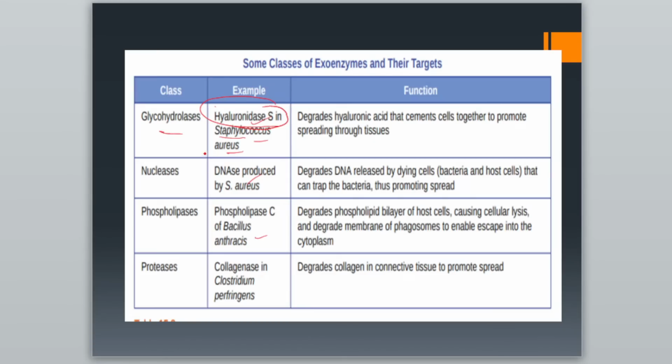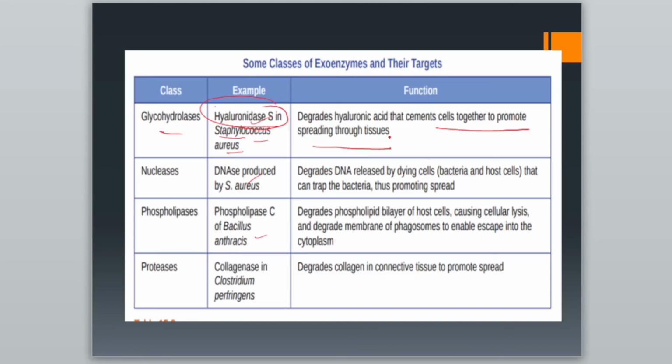Its function is to degrade hyaluronic acid that cements cells together, to promote spreading through tissues. Another one is nucleases. It is DNase produced by Staphylococcus aureus. This nuclease degrades DNA released by the dying cell that can trap the bacteria, thus promoting spread.